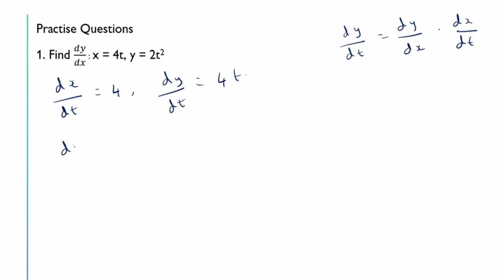So dy by dx is equal to dy by dt divided by dx by dt, which is 4t divided by 4. So dy by dx is equal to t.